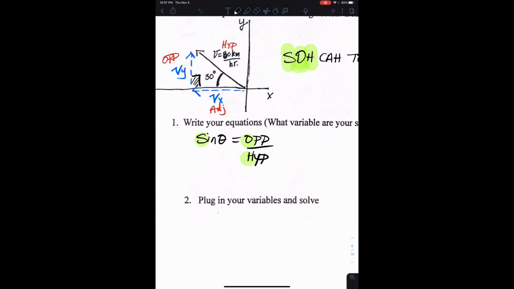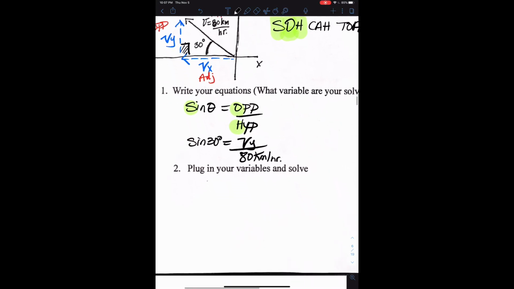All right. Let's go ahead and plug in our values. So we can see now sine 30 is equal to the opposite, which is Vy, over the hip, which is V, which is also equal to 80 kilometers per hour. All right, let's kick the 80 kilometers per hour to the other side. Let's multiply both sides by 80 kilometers per hour. Cancel our 80s. This is over 1. Cancel our kilometers per hour.